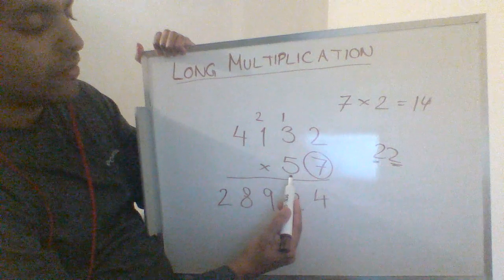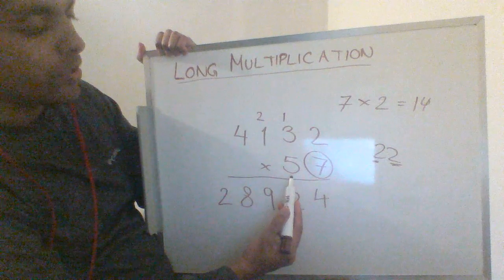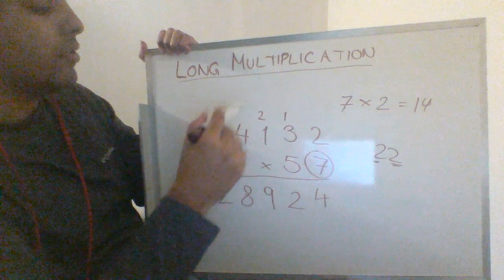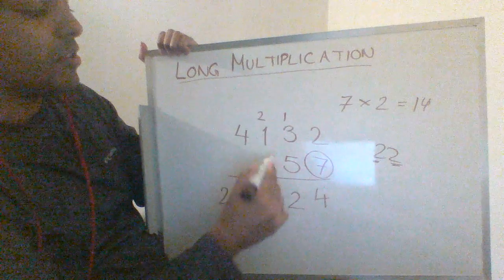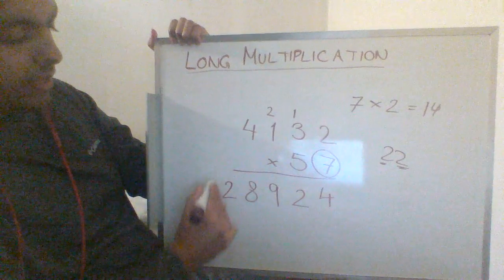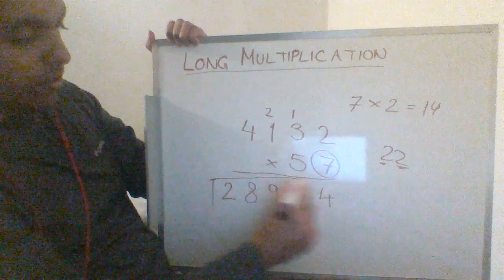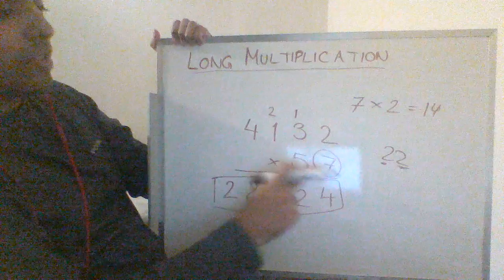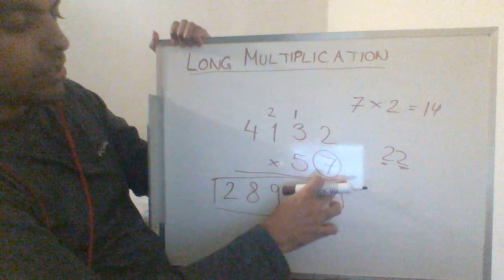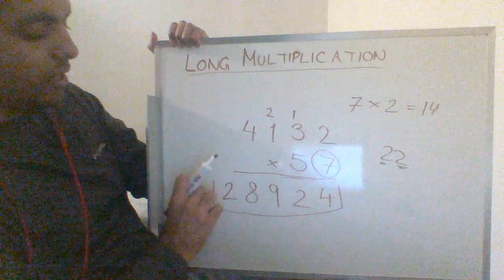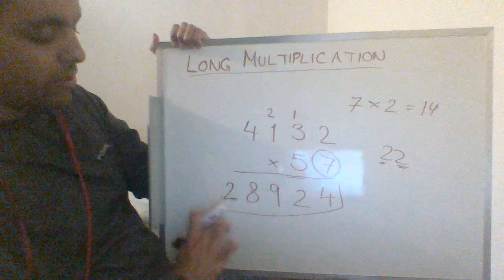So because this 5 is in the tens place, it is like we're doing 4,132 times 50, and this whole thing right here is the answer to 4,132 times 7. So we need to now do 4,132 times 50, and then we can add the two together.